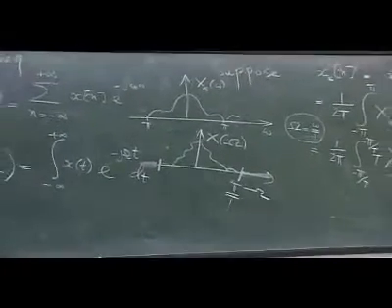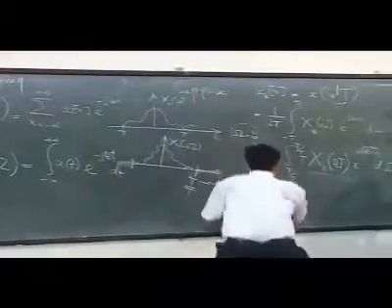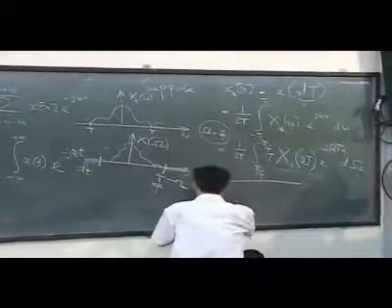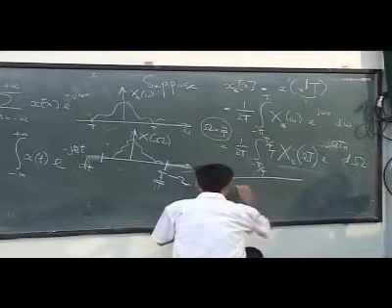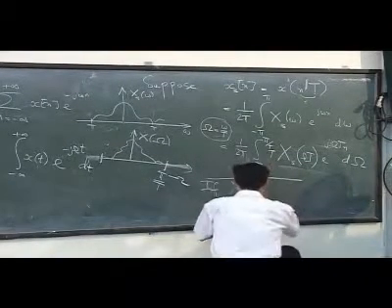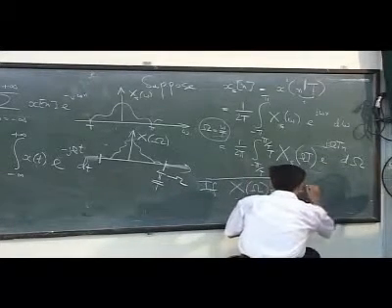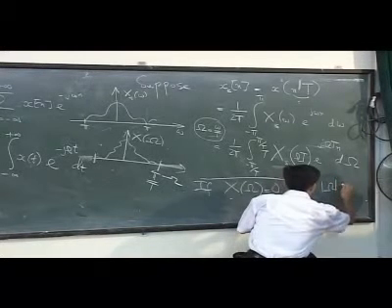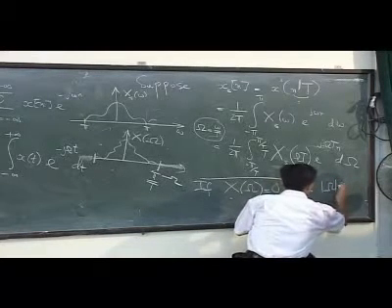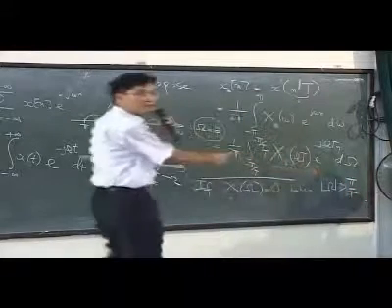Okay, so from here now, if X of capital omega is equal to 0 when capital omega is bigger than pi over T. Can you still see that?